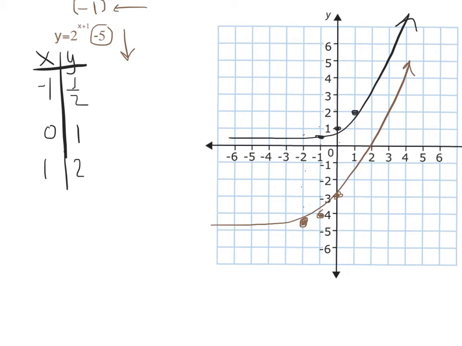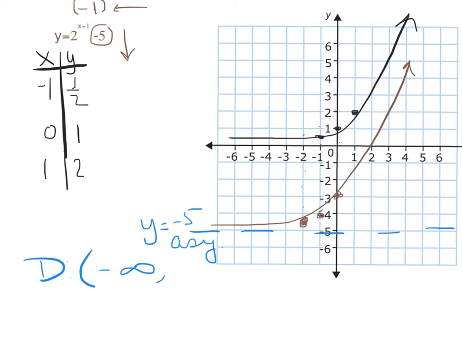Notice my asymptote is at y equals -5. My domain, my range, my 5 looks like an S.